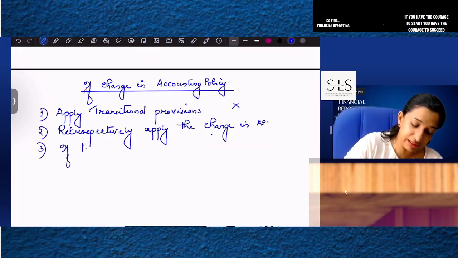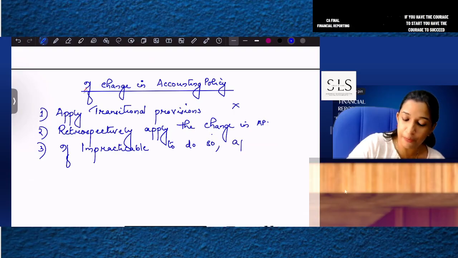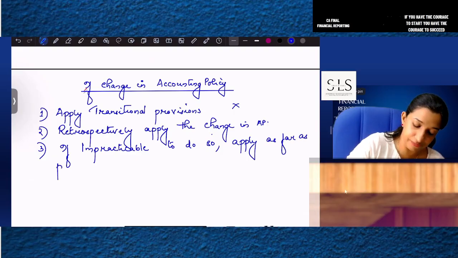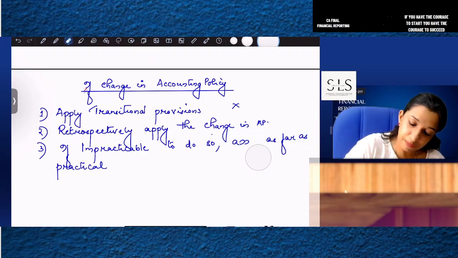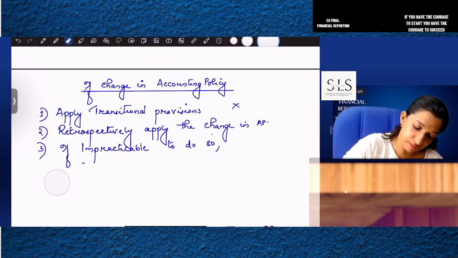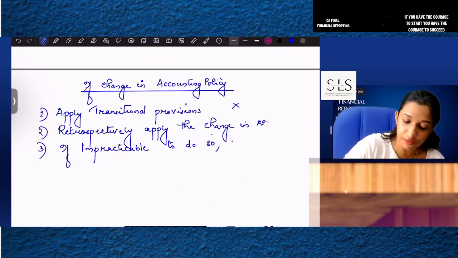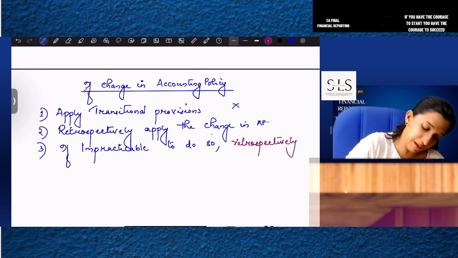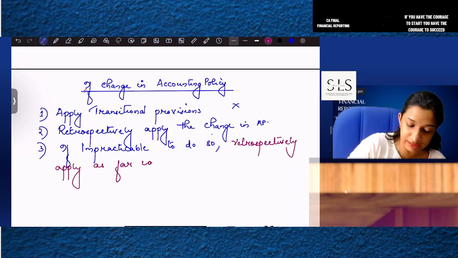If impracticable to do so, retrospectively apply as far as practical.